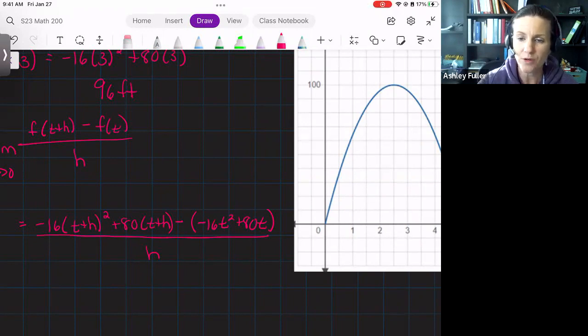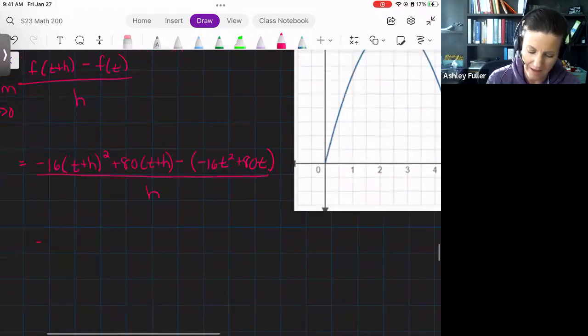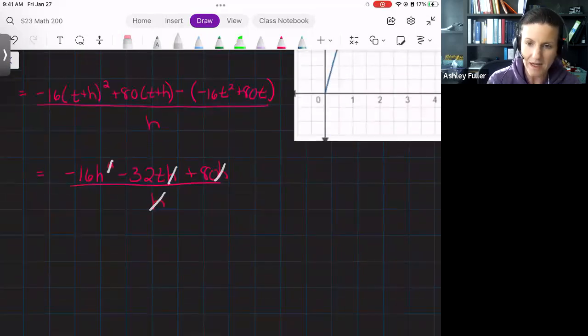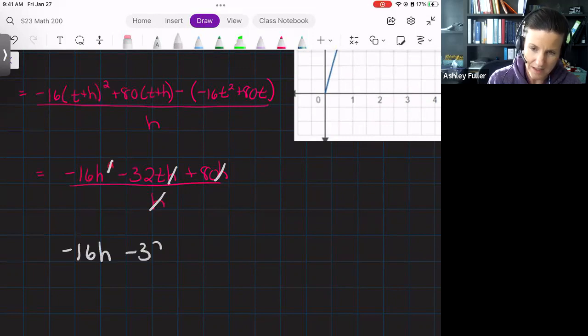Now, I'm going to let you go back through at some point and perform the math. But when you simplify all this, you end up with negative 16h squared minus 32th plus 80h, all divided by h. Notice all the terms have an h, which allows us to cancel h from each term. And we find that our difference quotient is negative 16h minus 32t plus 80.